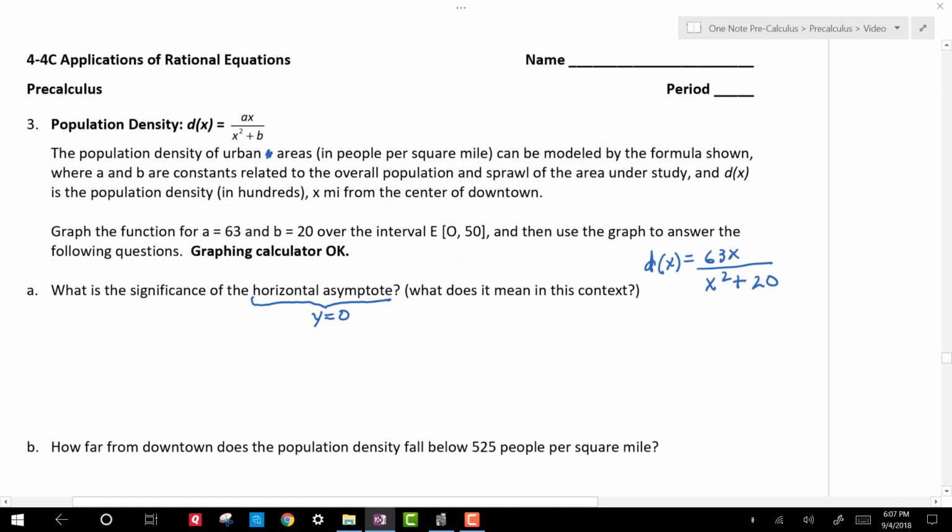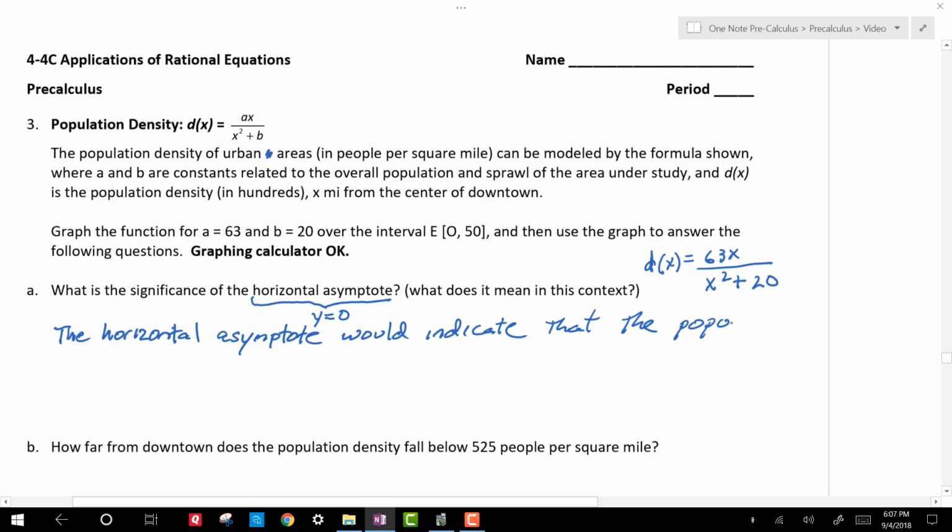It means that the horizontal asymptote would indicate that the population density would never reach 0.